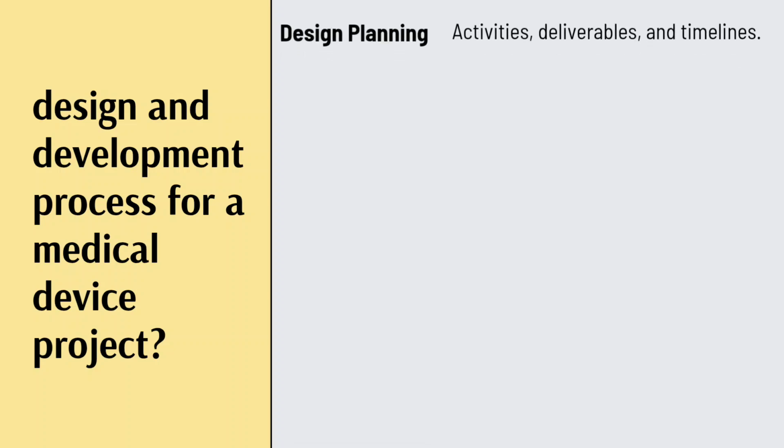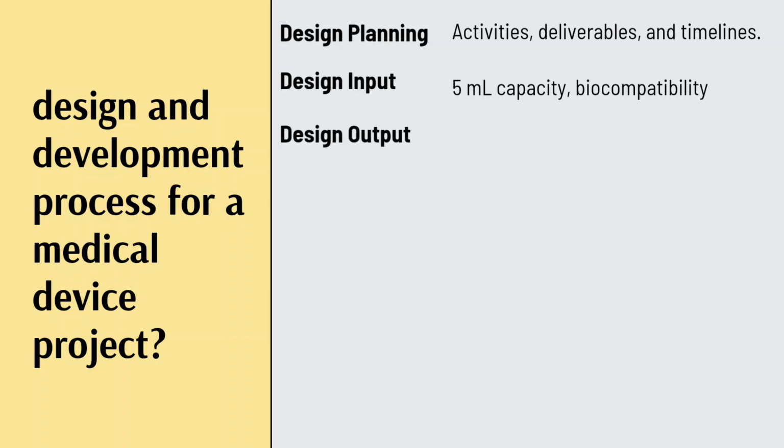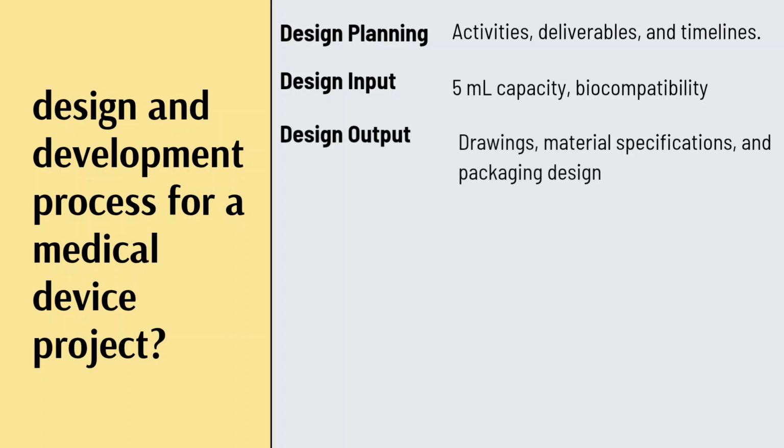2. Can you walk me through the design and development process you followed for a medical device project you've worked on? Ideal answer: Certainly. For a syringe project: 1. Planning. Created a design and development plan outlining activities, deliverables, and timelines. 2. Design inputs. Defined user needs, e.g., 5 ml capacity, biocompatibility. 3. Design outputs. Produced engineering drawings, material specifications, and packaging design. 4.